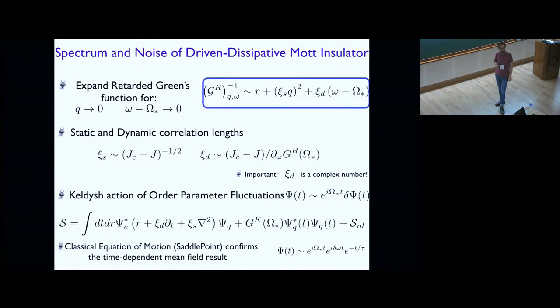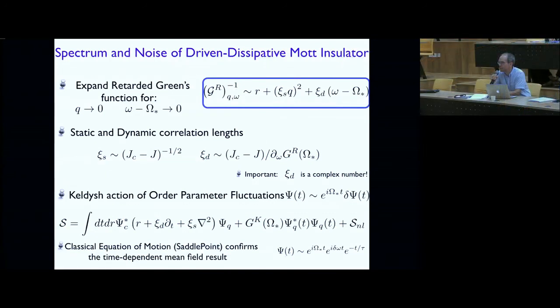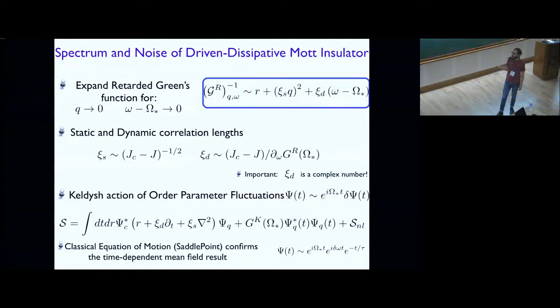But is this enough to say something about the universality? No, absolutely not. That's why I'm saying that's just the first ingredient you need to build up your Keldysh field theory.